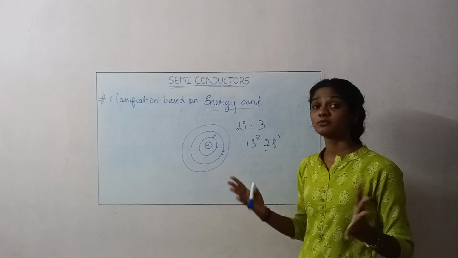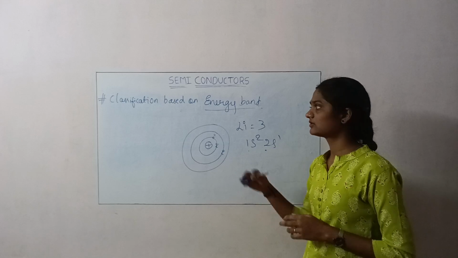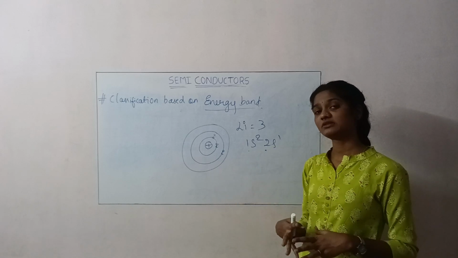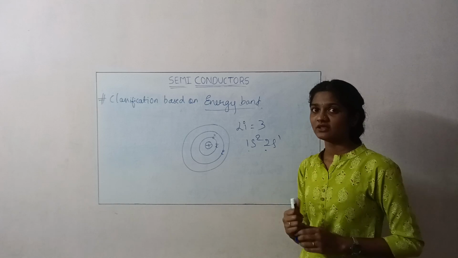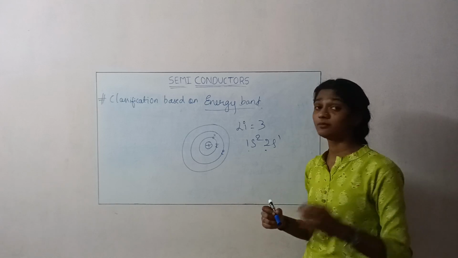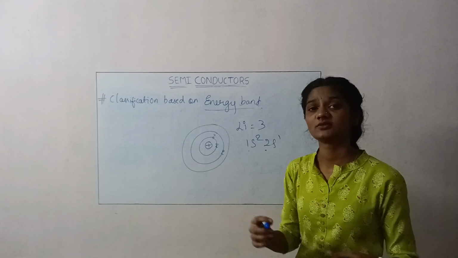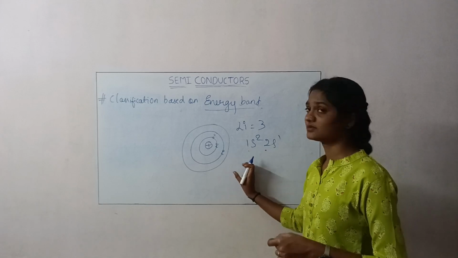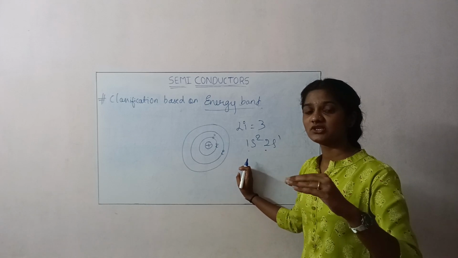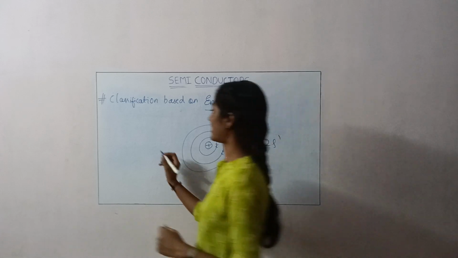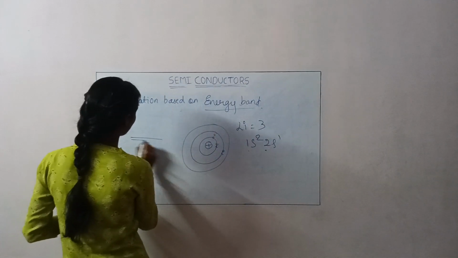We find bulk atoms, right? Bulk material. In that case, there are many atoms together, forming a material, such as lithium, lithium, lithium, many atoms. In many atoms, the same energy levels will overlap one another and they will form a band.